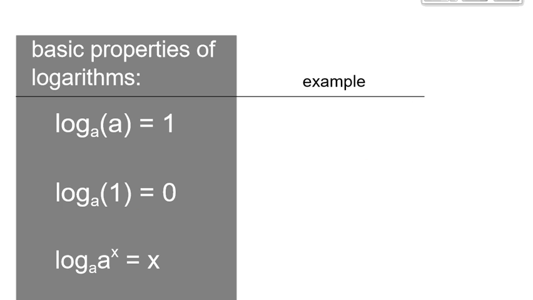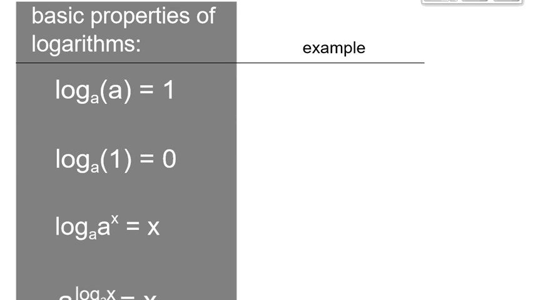Now we're going to run through some of the properties of logarithms, and we're just going to do this briefly, and then in class we're going to do a lot of examples. So, basic properties of logarithms. Log base a of a equals 1. For example, log base 5 of 5. What does that mean?